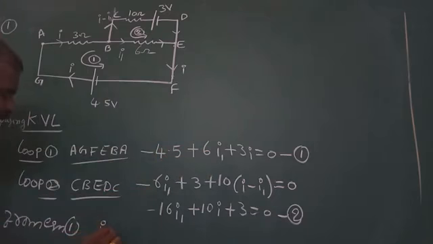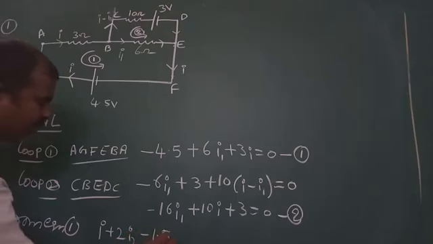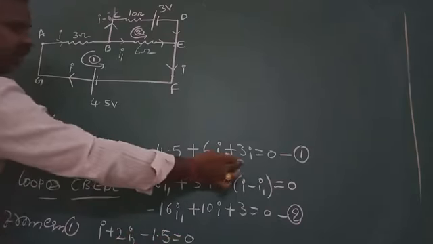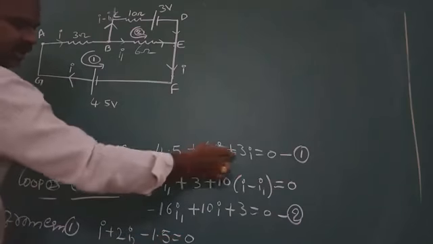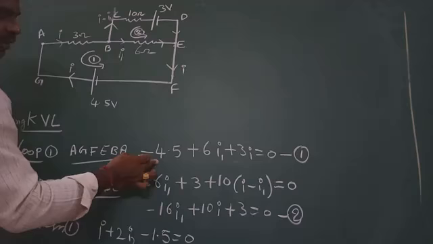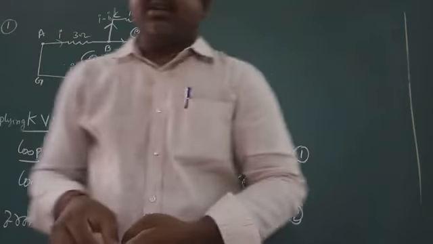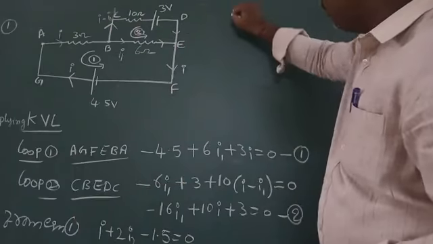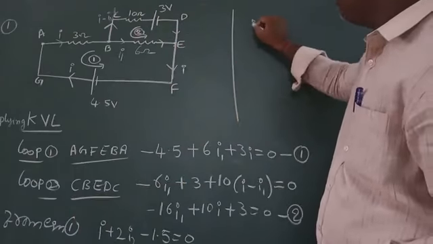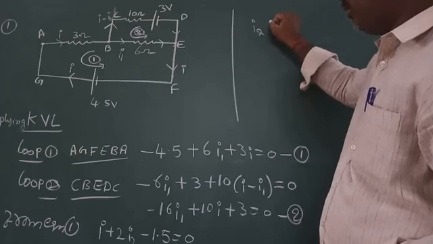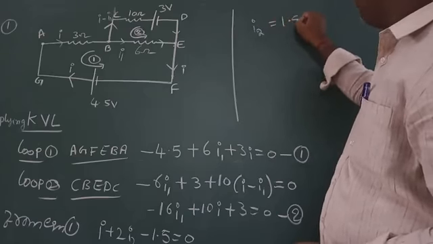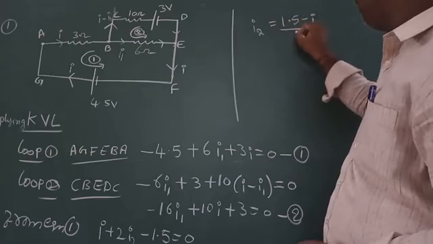From equation 2, I plus 2I1 minus 1.5 equals 0. We take 3 as common: 3 twos are 6, 3 1.5s are 4.5. From this equation we can write I1 equals 1.5 minus I by 2.